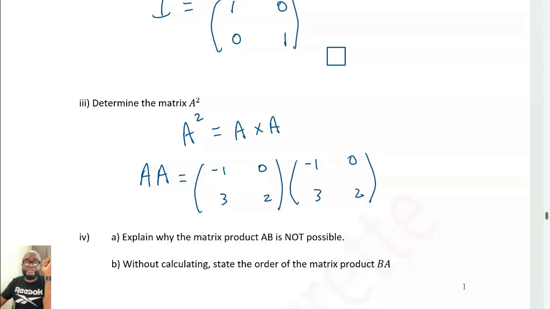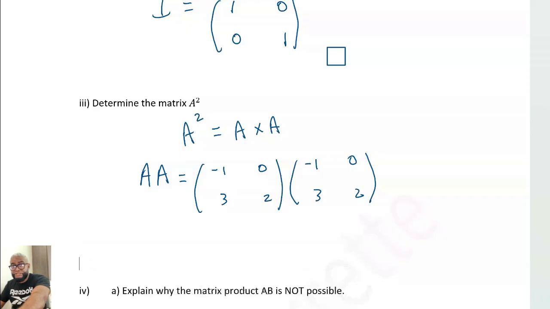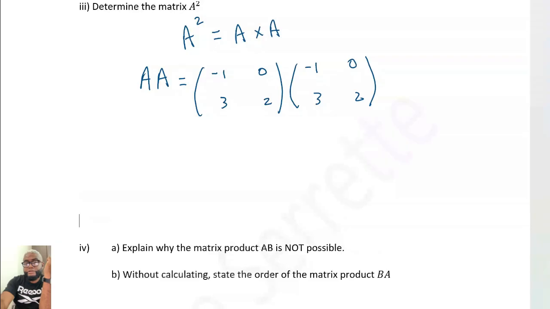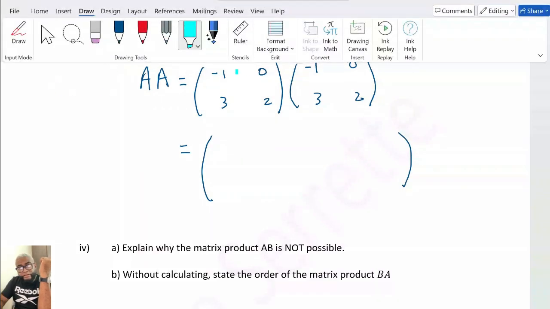Come on, you all try it. Matrix multiplication is probably the toughest thing in matrices. I want you all to try it. Row by column. I'm going to color coordinate for you.